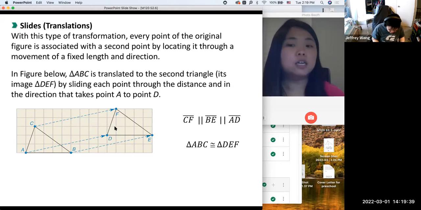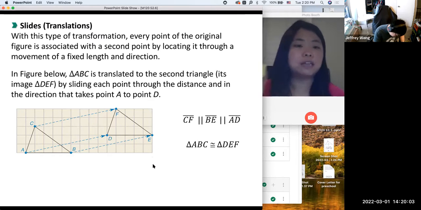Okay, they have the same angles, and also the same measures. So AC is congruent to DF, CB is congruent to FE, DE is congruent to AB, and also for each of the angles. Okay, so this is the slide transformation.